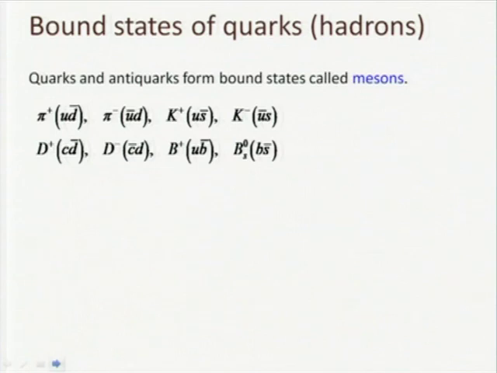The pi minus, on the other hand, is made of a u antiquark and a d quark. If you look at the quark contents of pi plus and pi minus, you will see that instead of the u quark, its antiparticle is there, and instead of the d antiquark, you have a d quark there, since d bar is the antiparticle of d.